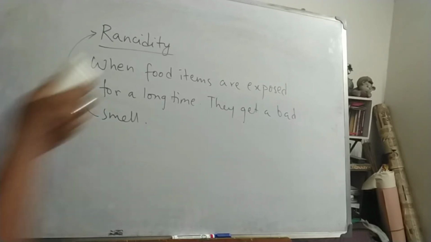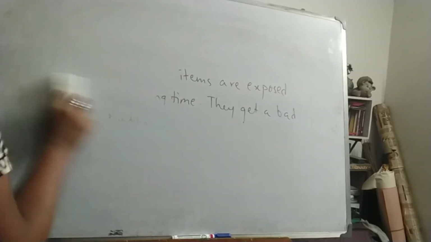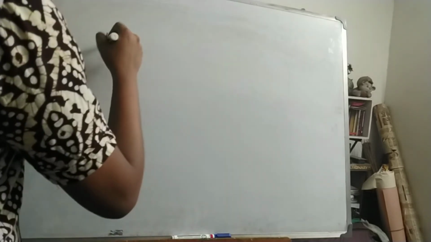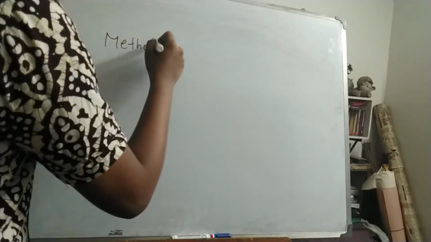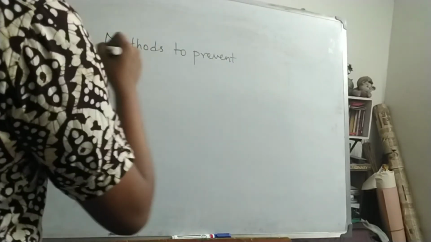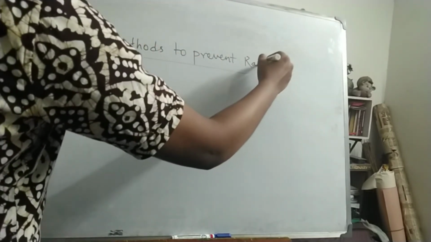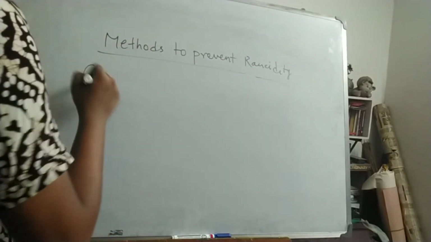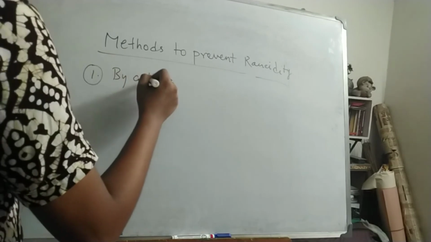Now what are the methods to prevent rancidity? Number 1, by adding antioxidants.